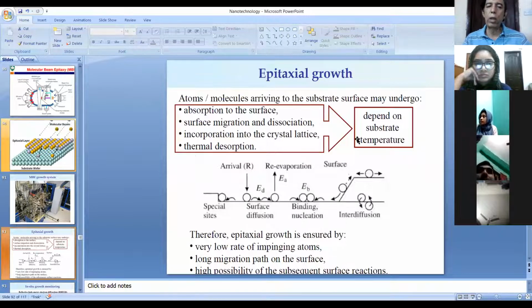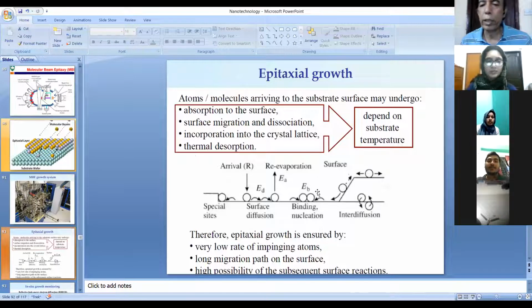Say, for example, a molecule or atom comes here, it goes to a special site here, or it can move this way or this way. It can bind here. It can come from here to here, or it can diffuse from here to here.